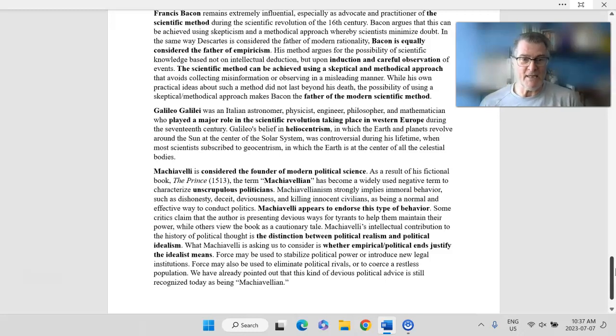So if the idealistic means is, I want control over everything, well, it's going to be a bloody road all the way there. So force may be used to stabilize political power, to introduce new legal institutions, but that same force that brings something into being can also be used to eliminate political rivals. And if that's the case, if you are someone that wishes to be feared, you can use that same force to coerce, right, that restless population.